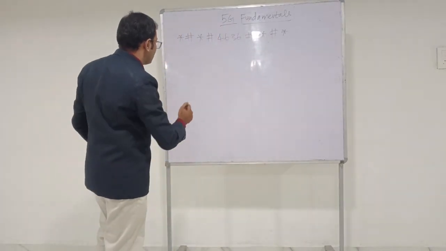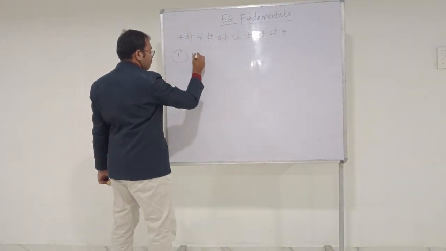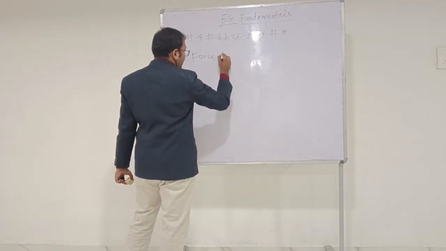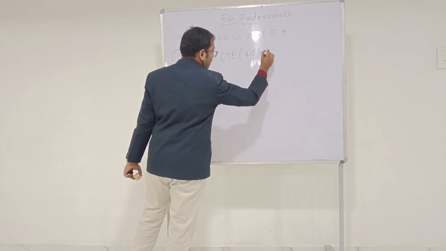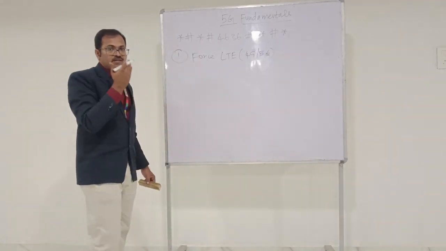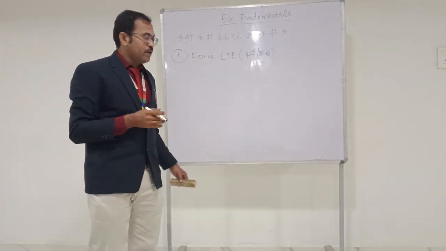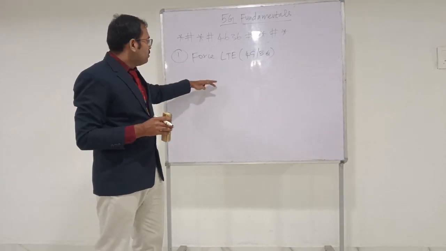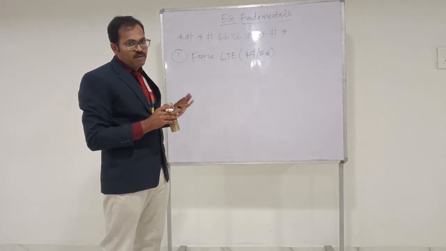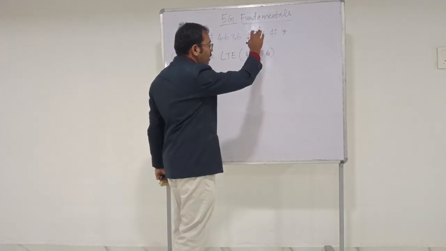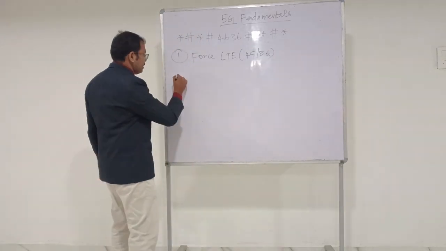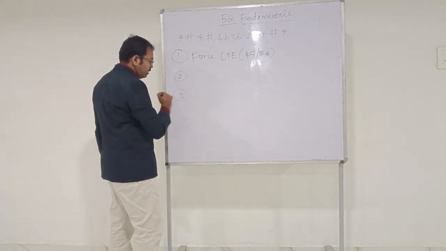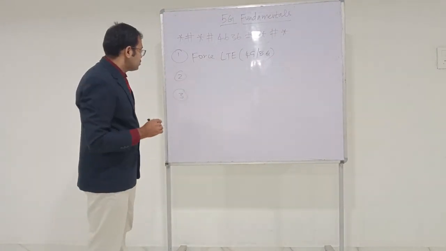One such application is Force LTE 4G/5G. You can download this application for free and install it on your mobile. The moment you do that, you will be able to access the same interface where you can witness all these 5G KPIs.